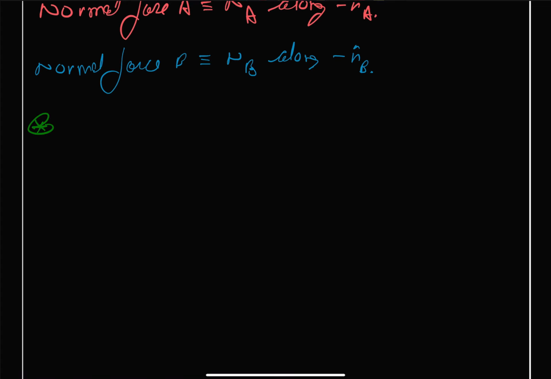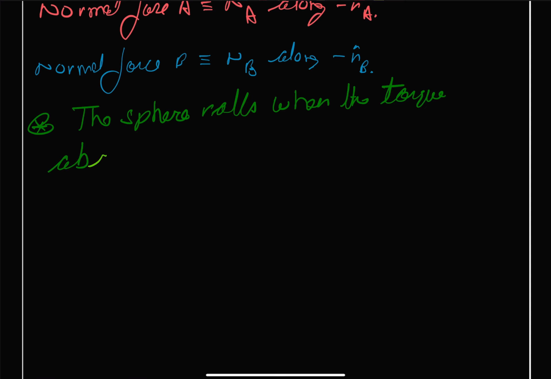So we can say the sphere rolls when the torque about A causes rotation.